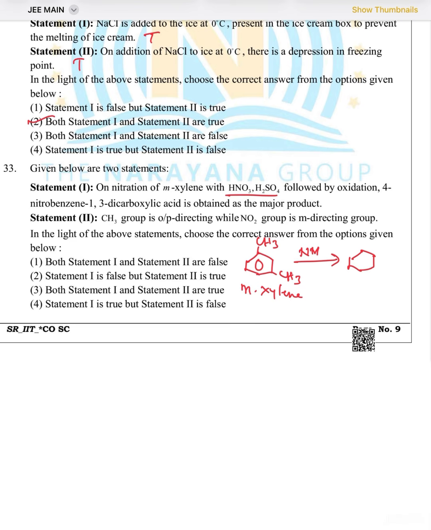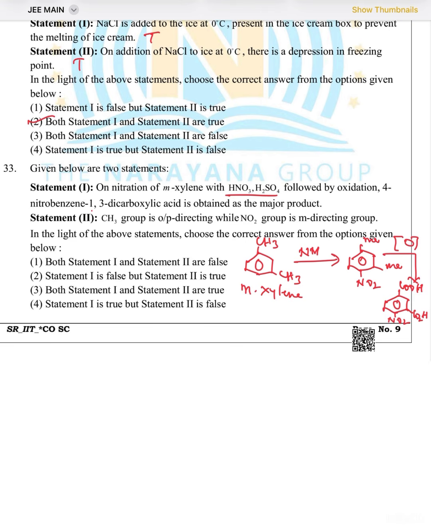Then methyl groups are ortho-para-directing groups. So this is the compound formed, right? On oxidation of this compound, methyl groups can be converted to carboxylic group, COOH, COOH, here NO2 group is there.